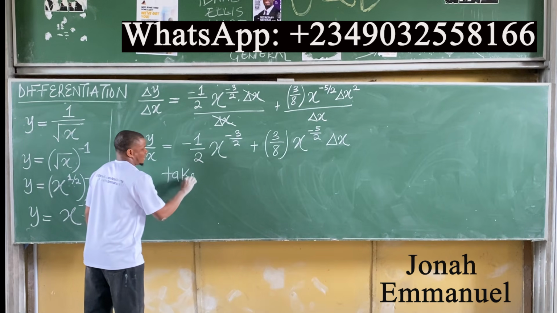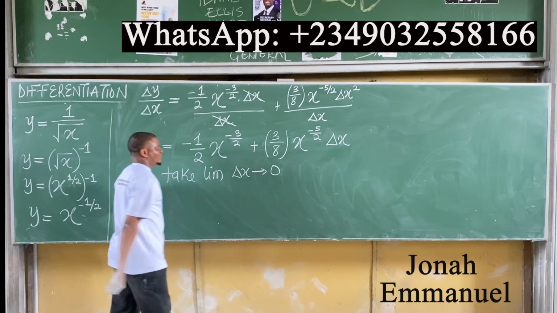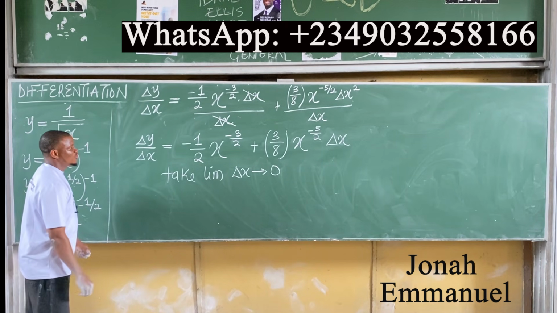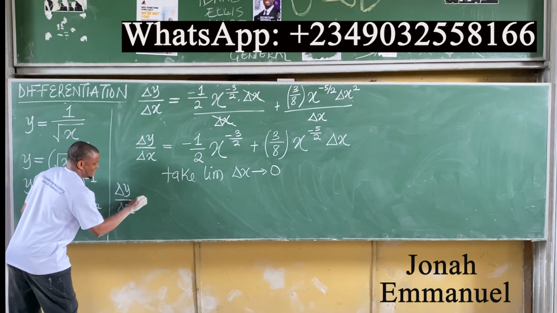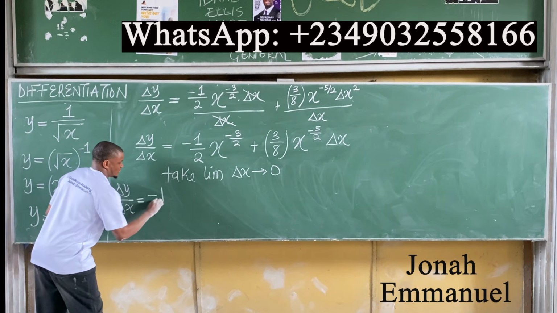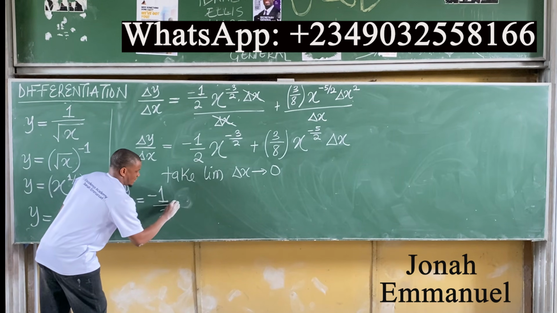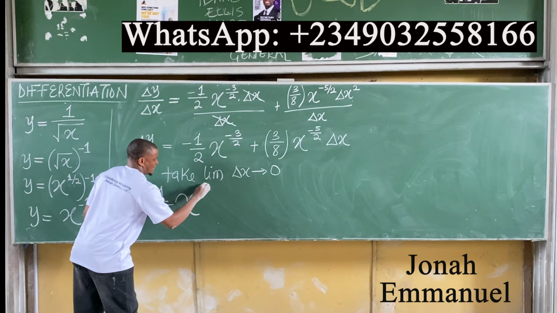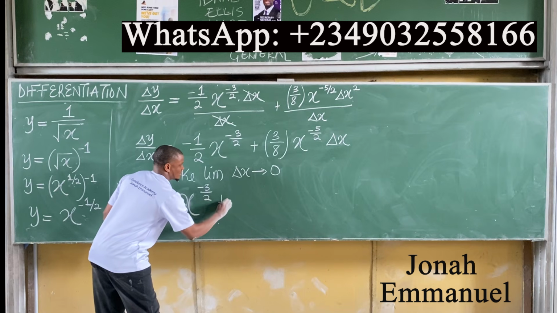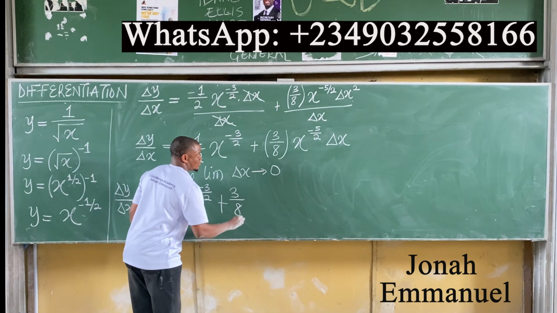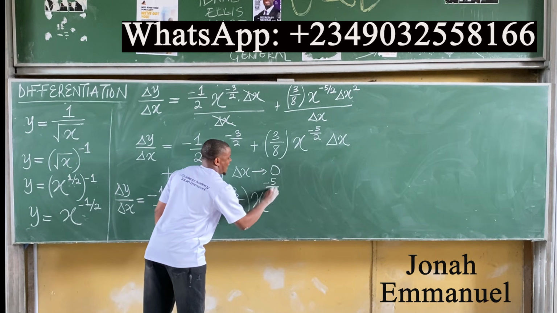Take the limits. Take the limits of change in x to be equal to 0. That means wherever I see change in x, put 0. So what do you have here? Change in y over change in x is equal to minus 1 over 2 x to the power minus 3 over 2. There's no change in x here. Proceeding, plus 3 over 8 into x to the power minus 5 over 2.